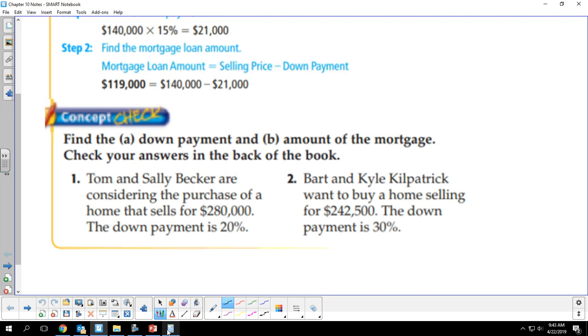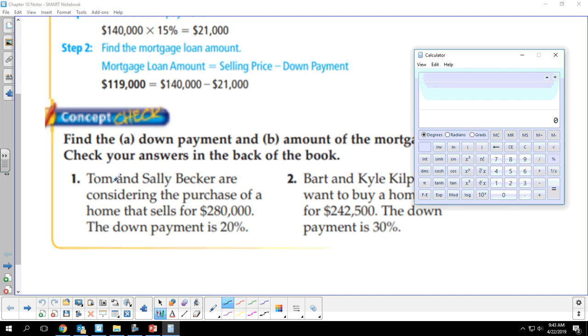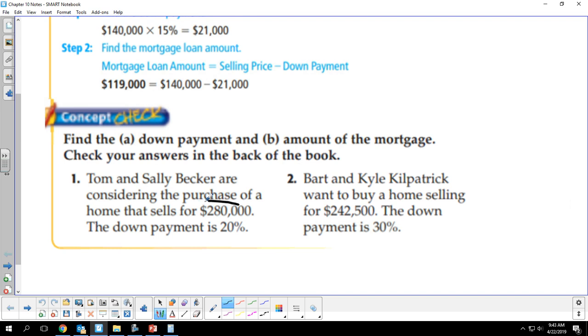Let's switch over here, get our calculator out. So Tom and Sally Becker are considering the purchase of a home that sells for $280,000. We are going to multiply that by the 20% to find the down payment.